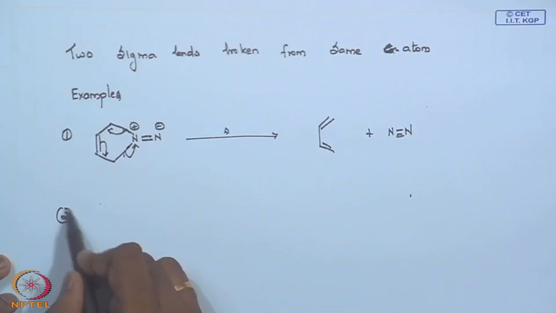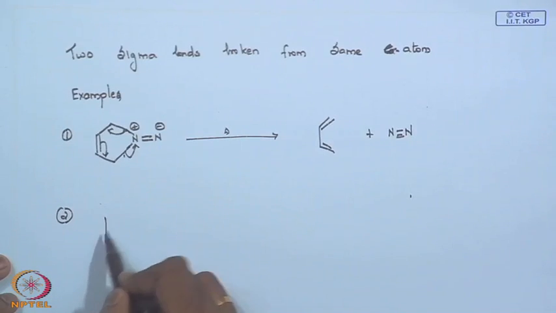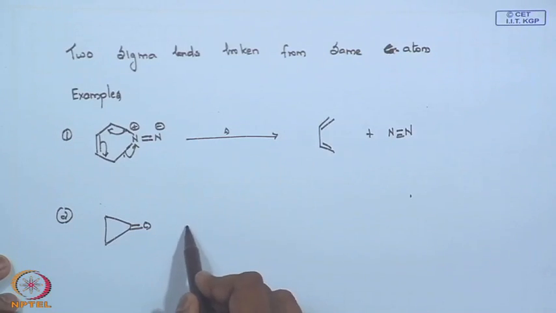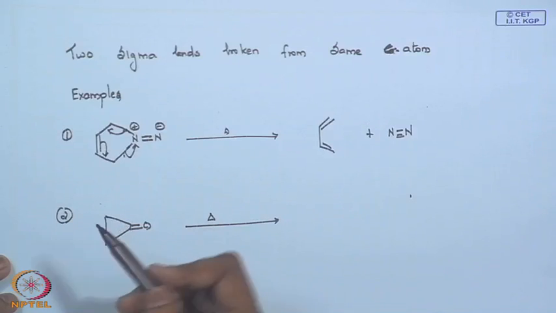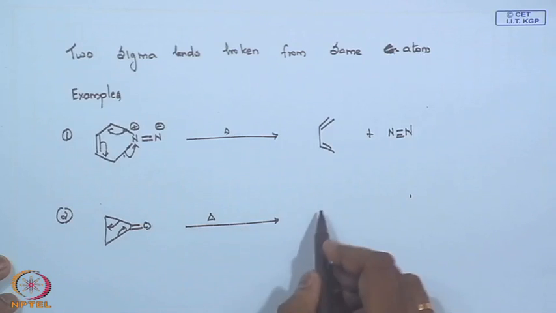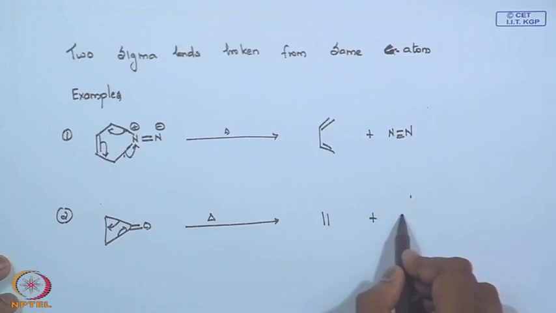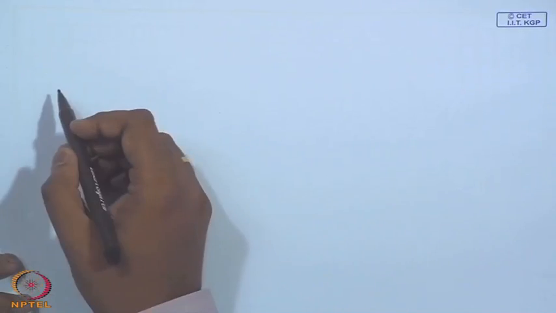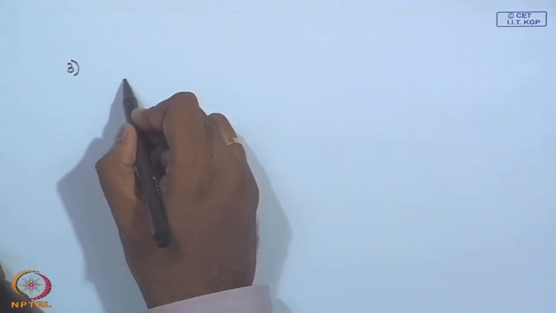You can also try with a 3-member ring. In this case nitrogen elimination is there. You can even think about carbon monoxide elimination, giving you alkene plus carbon monoxide. Then there is one more. Because you have seen sulfur dioxide adding to a diene system, the same way you can see extrusion of sulfur dioxide.